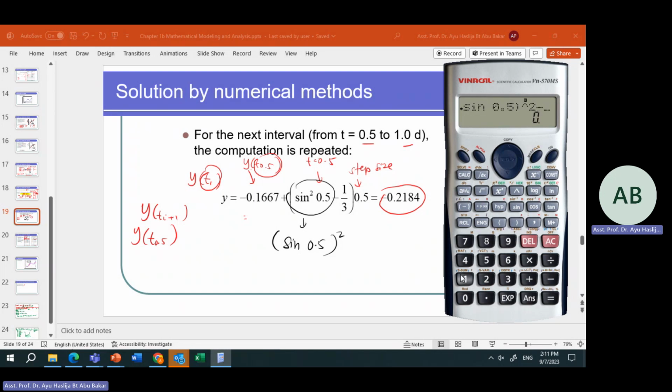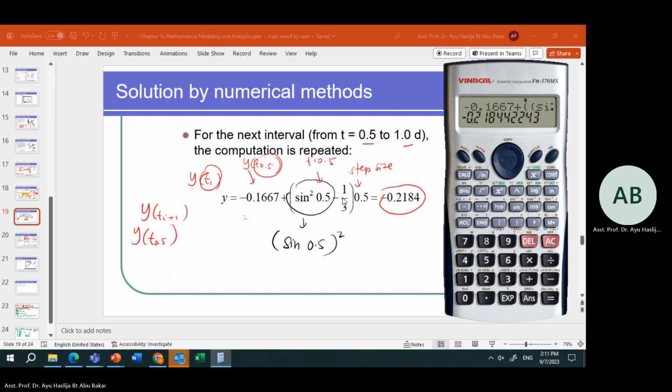Then minus 1/3 close bracket multiply 0.5. The part I want to focus on is sine 0.5 power 2. That's how you input sine power 2 of 0.5 in your calculator.